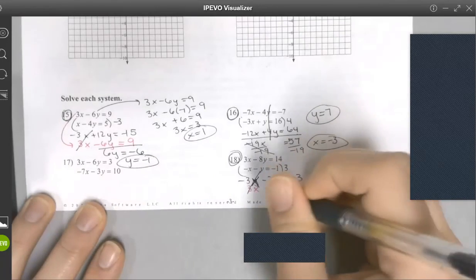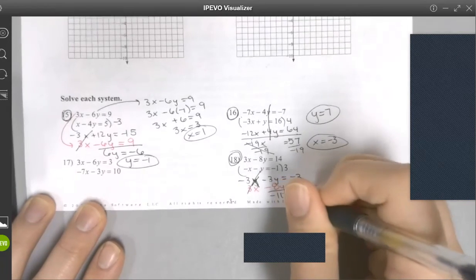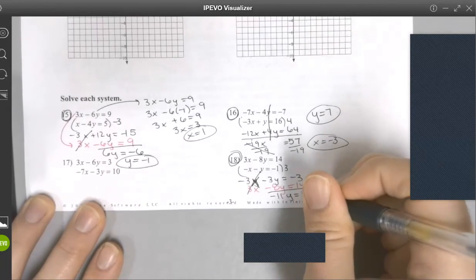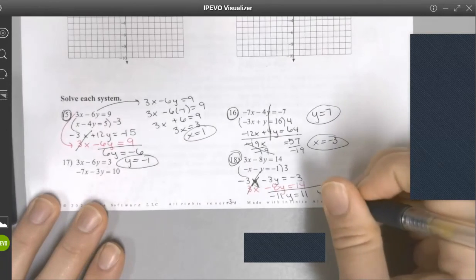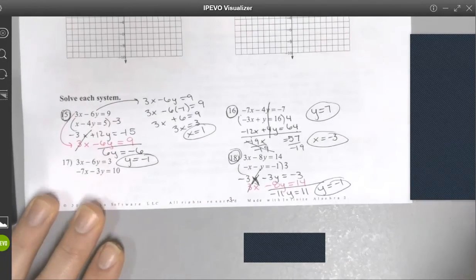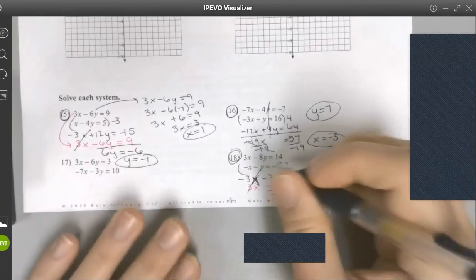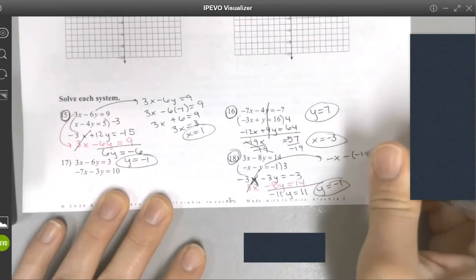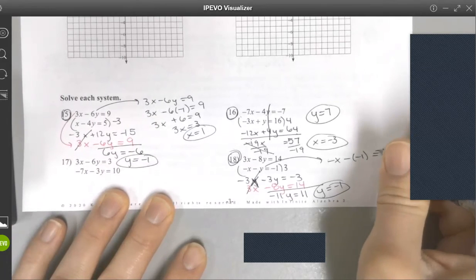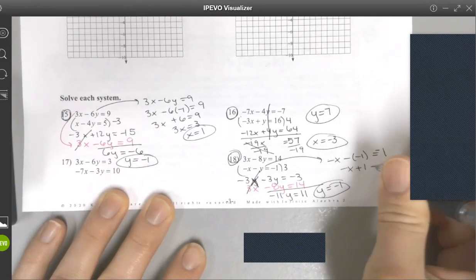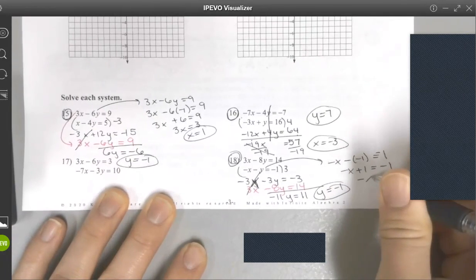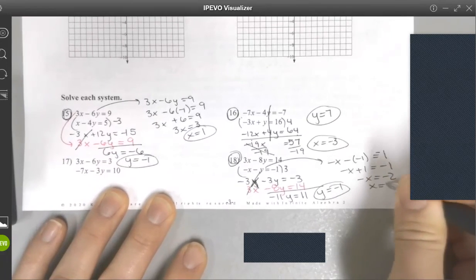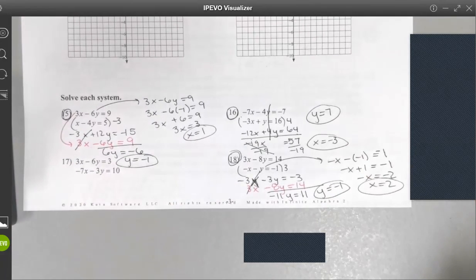My x's will cancel, and I'll have -11y equals 11. Divide by -11, y equals -1. And when I plug that in, if I grabbed this equation, -x minus -1 equals -1. -x plus 1 equals -1. -x equals -2. x equals 2.